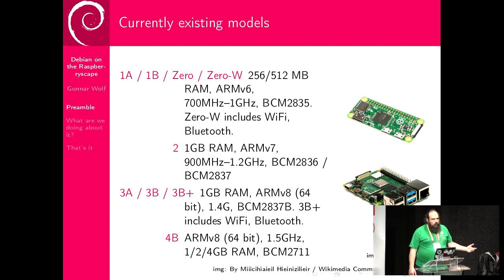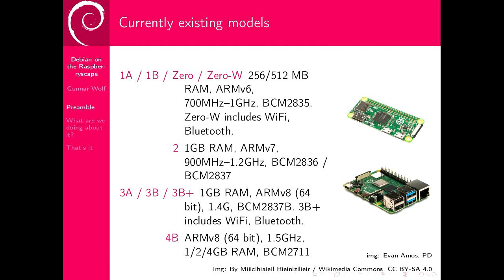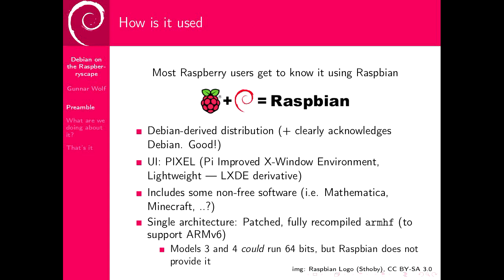The 0W comes after the 3 was released, so that one also includes wireless, which, if we think of these machines as prototyping for making IoT things, is just great. It's made for that. And one month ago, the family of 4, model number 4, was announced. That one is still unsupported. I'll talk a bit about it later. But it's the 1st one to include up to 4 gigabytes of memory, which is quite interesting.